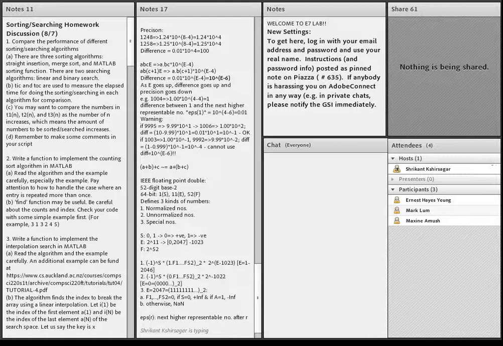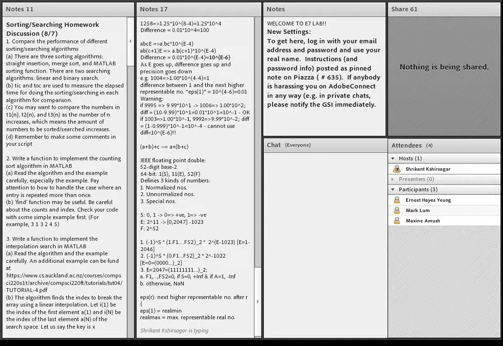So here the EPS of R is usually determined by whatever the power of 2 is. Supposing the number is a power of 2 raised to e, then EPS is 2 raised to e minus 52.